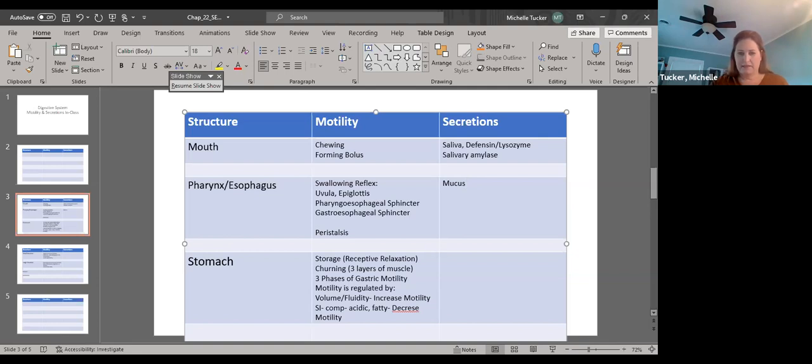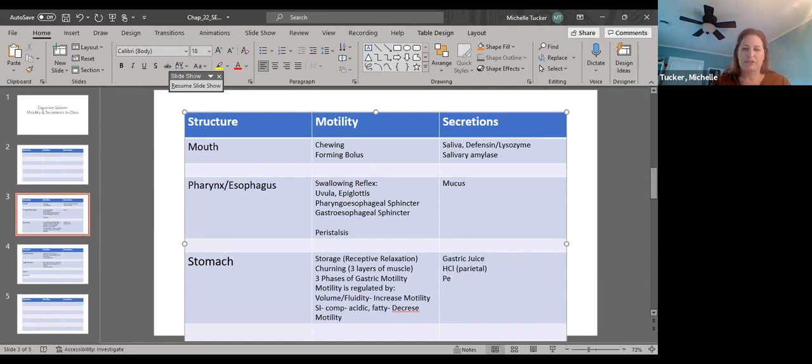Then we get to the stomach. There are going to be a lot. We have gastric juice, hydrochloric acid, which is going to be secreted by the parietal cells. So make sure you can match the cell type of the gastric gland to its secretion.